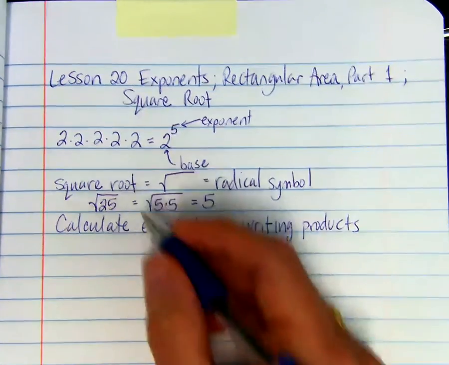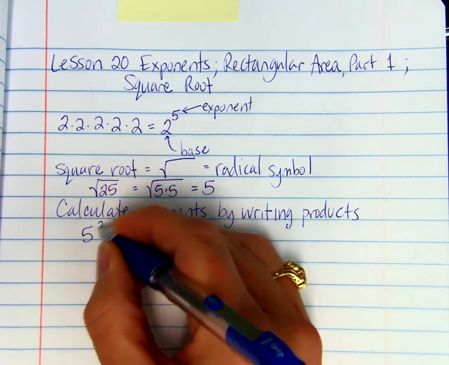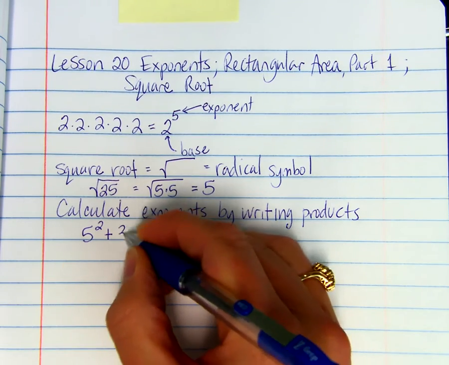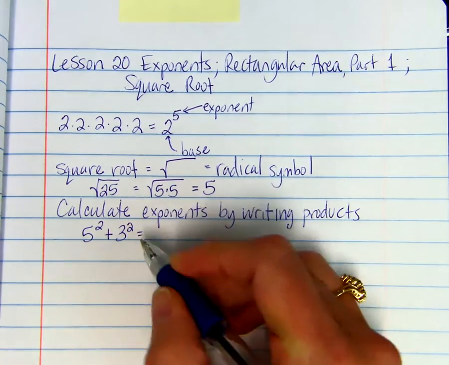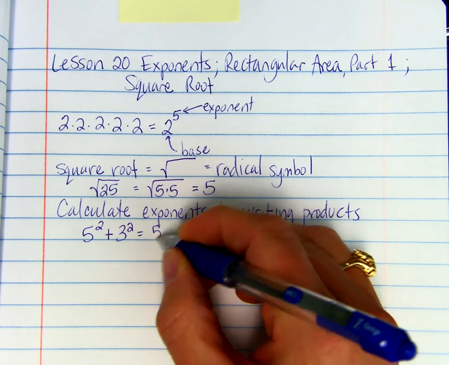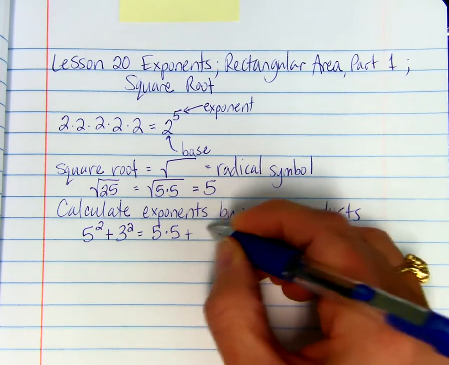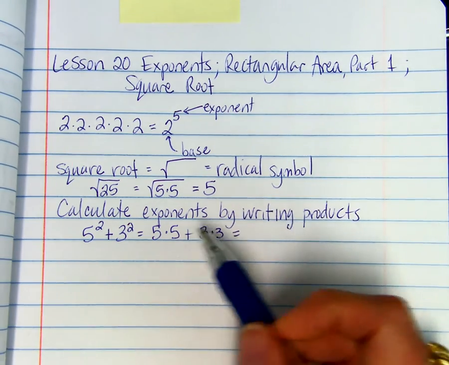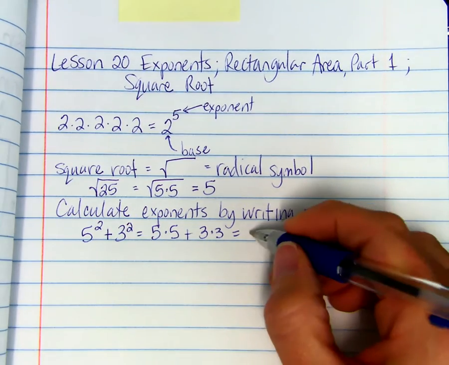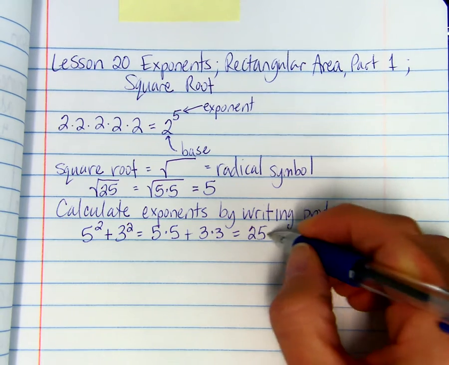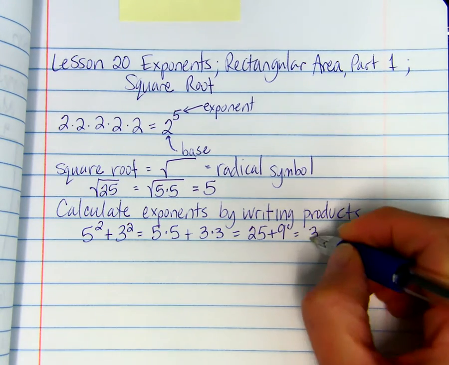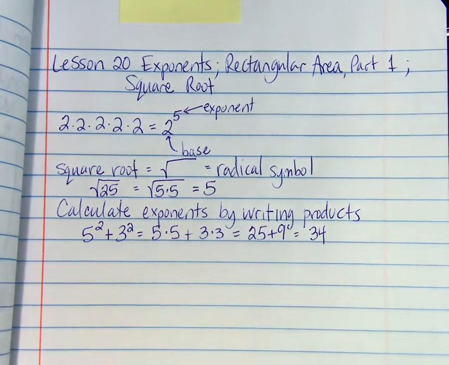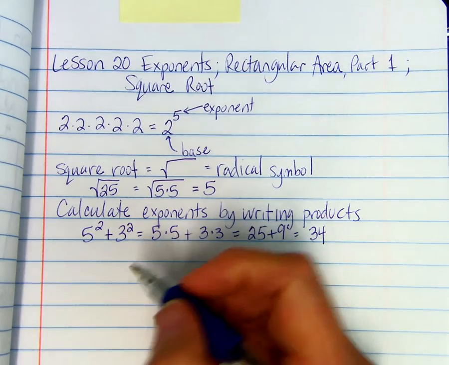So if we wanted to take the sum of 5 squared plus 3 squared, we would write 5 times 5 plus 3 times 3. And order of operations, we multiply before we add. So we would have 25 plus 9 equals 34. So 5 squared plus 3 squared is 34.